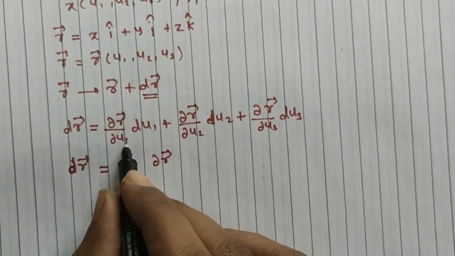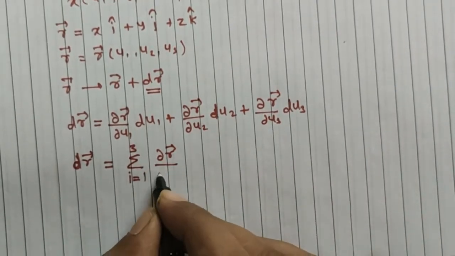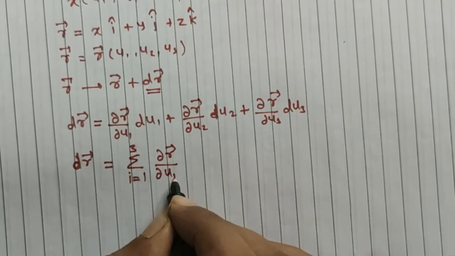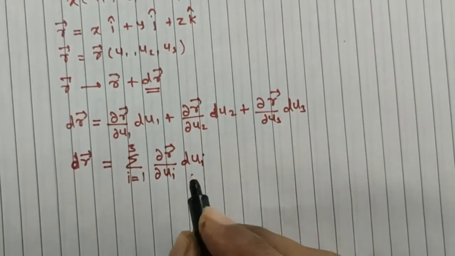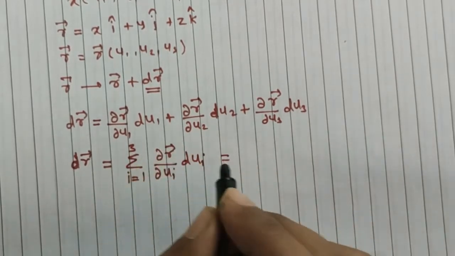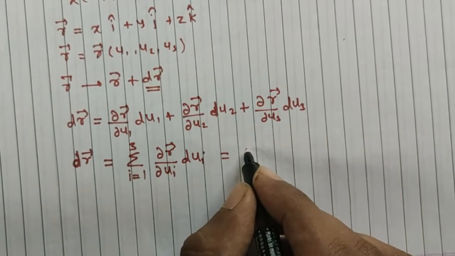Here you can see there is a 1, a 2, a 3, so rather than that I will put some i. If I try to expand this, let us see what we get. We should get this equation again.